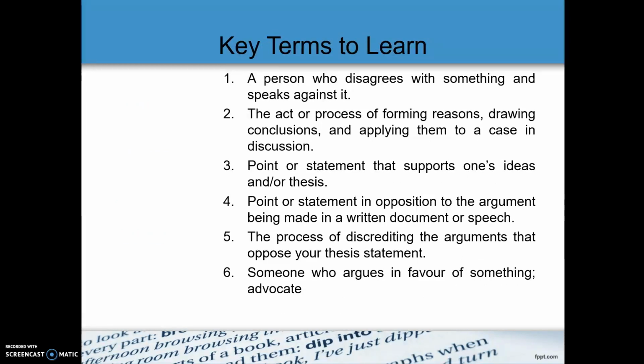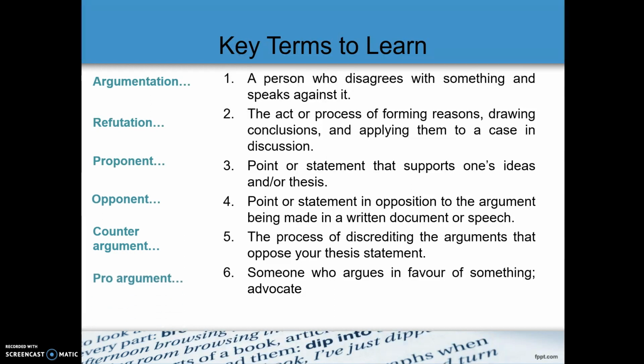Okay, now let's learn some of the key terms that will be useful in argumentative writing. So there are 6 terms here, alright? But before me giving you the answers, I want you to guess, alright? Try to answer this. Try to match the key terms with the explanation. So I'll give you about 1 minute to try, and then I'll show you the answers.